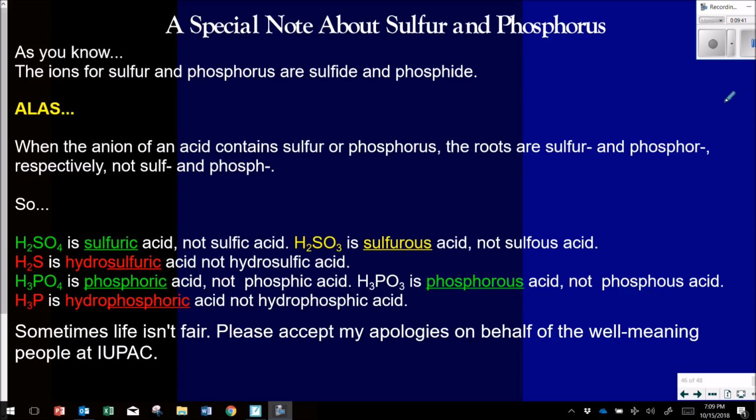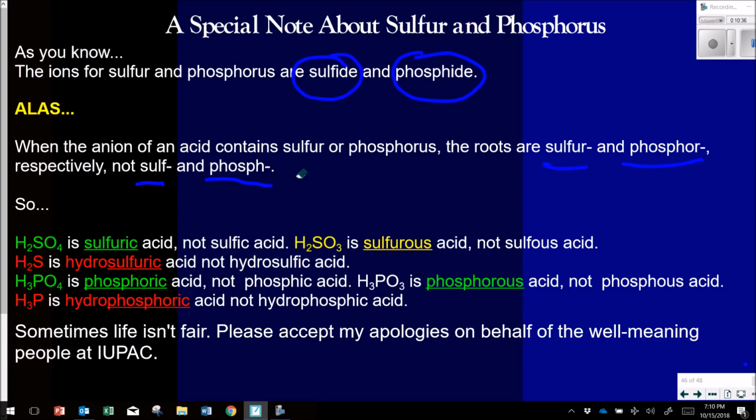Now let's look at that special note about sulfur and phosphorus. As you know, the ions for sulfur and phosphorus are sulfide and phosphide. Unfortunately, when the anion of an acid contains sulfur or phosphorus, the roots are sulfur and phosphor, not the shorter roots sulf and phosph.